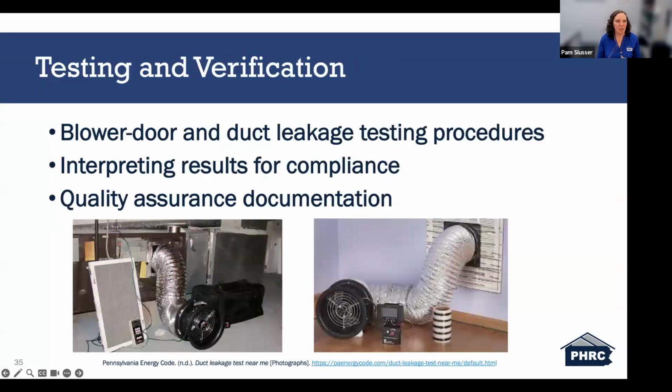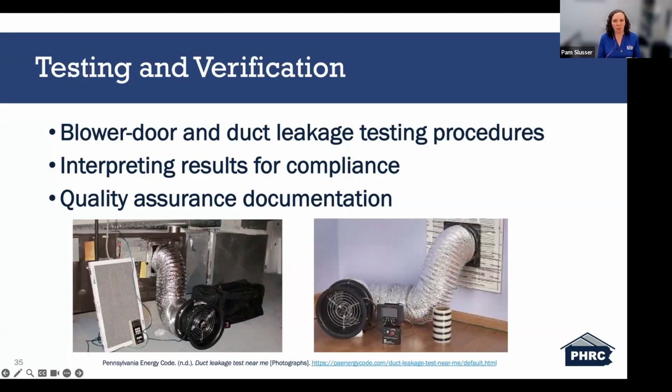So let's take a look now at how we verify that the system meets both code requirements and performance expectations. First, we have blower door and duct leakage testing procedures. The blower door measures overall air leakage of the home, while the duct testing specifically evaluates leakage within the duct system. Both are important and often coordinated during the verification process.